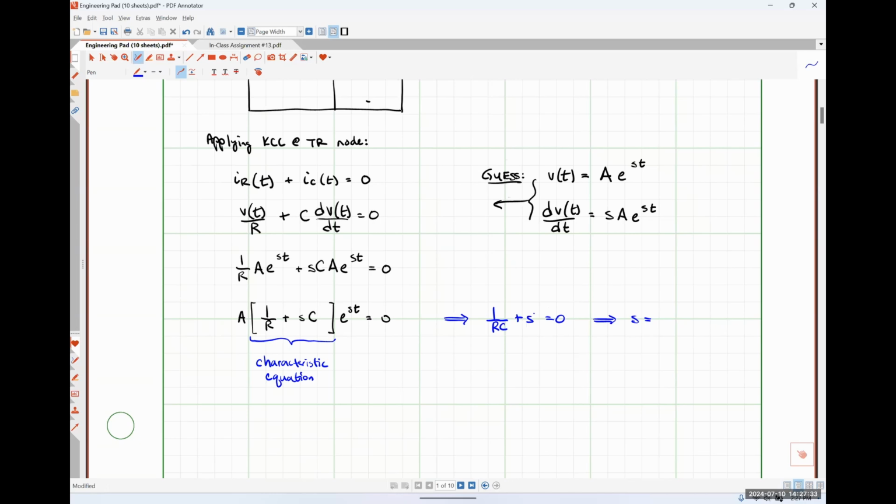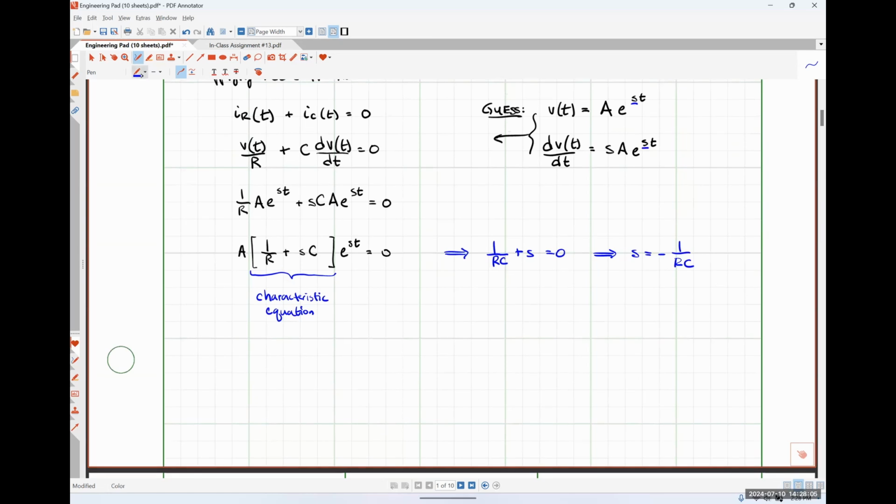So it seems to me that if s was equal to negative 1 over RC, then our characteristic equation is 0. Anybody got a problem with my small amount of algebra there? All right. So we've just figured out what our eigenvalue s for our system is.